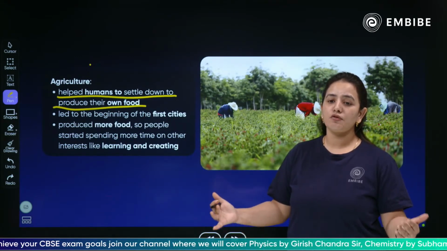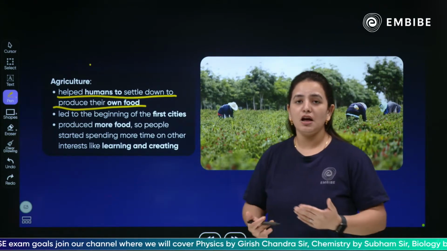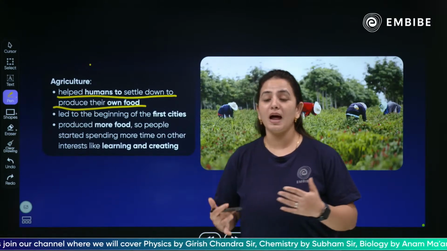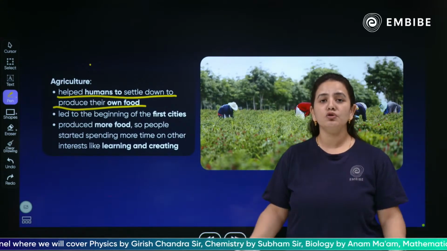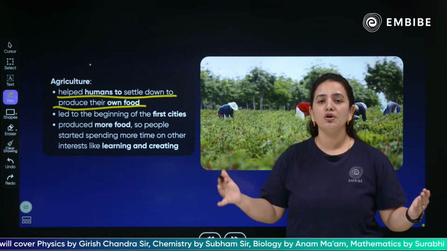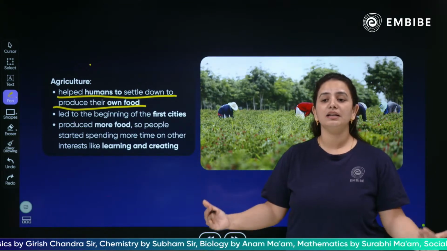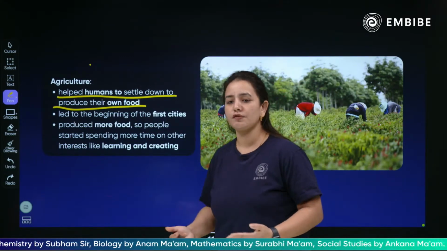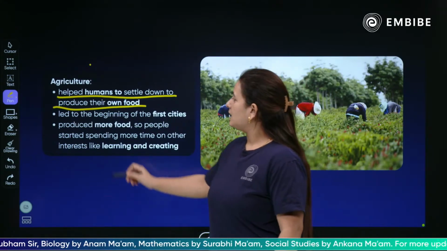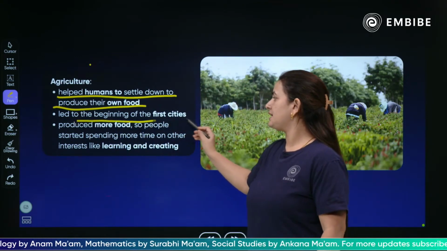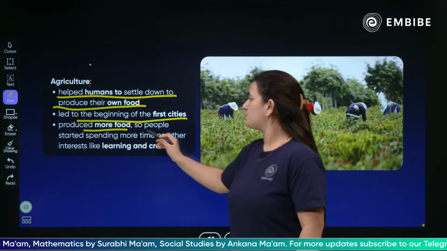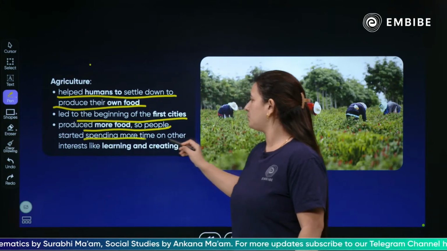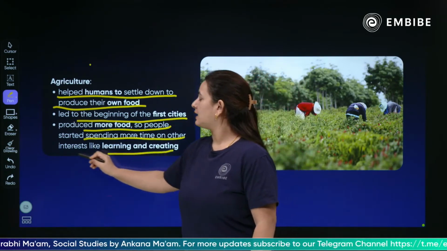Agriculture is a process or practice to create your own food, to harvest your own food, to have your own farming land so that you can have a production of your own food. So children, it led to the beginning of the first cities and produced more food, so people started spending more time on other interests like learning and creating.